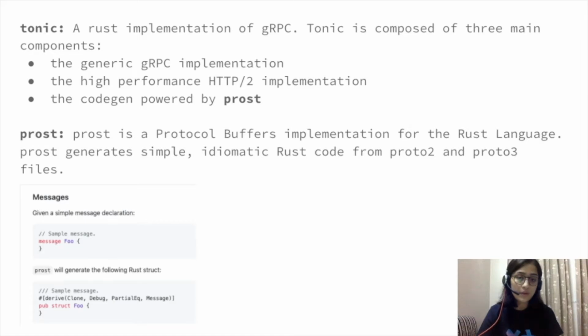And then Prost is a protocol buffers implementation for the Rust language. Prost generates Rust code from the source .proto files using the proto2 or proto3 syntax. Its goal is to make the entire generated code as simple as possible. An example of it you can find in this slide. We have the protocol buffers implementation of something, and Prost will help you generate the following Rust structure, which is the Rust implementation of that protocol buffer.